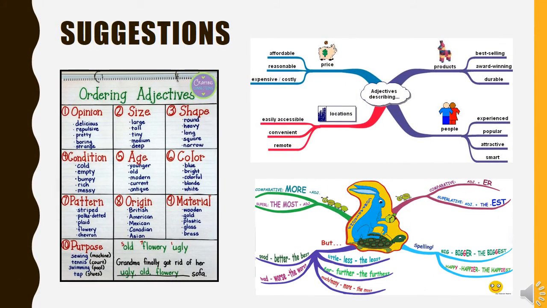I would like to point out some suggestions to use with adjectives in the classroom. You can use organizers to order adjectives, to show what types of adjectives we have in English and show the order in which they can be positioned in a sentence. The other method would be the use of mental maps, as I mentioned before.